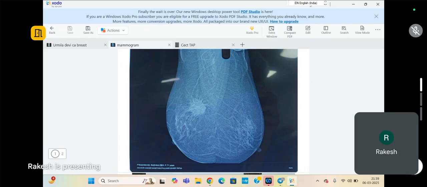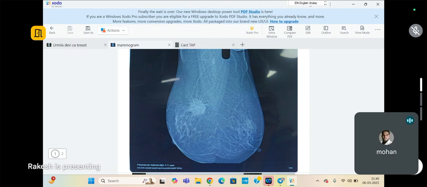Size we should comment on, like a 2 into 2 centimeter lesion with spiculations all around, not involving the underlying muscles. That's all I can comment. There is no architectural distortion with spiculated margins. A heterogeneously dense, single solitary lesion with no evidence of any microcalcifications or any other lesions.